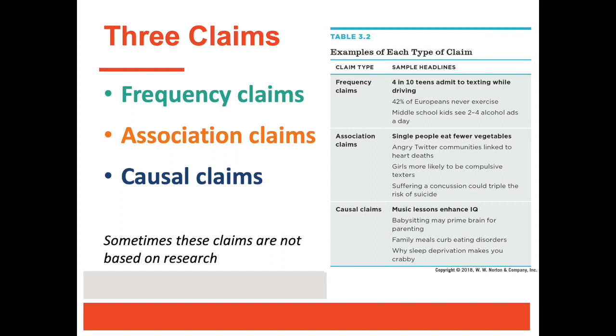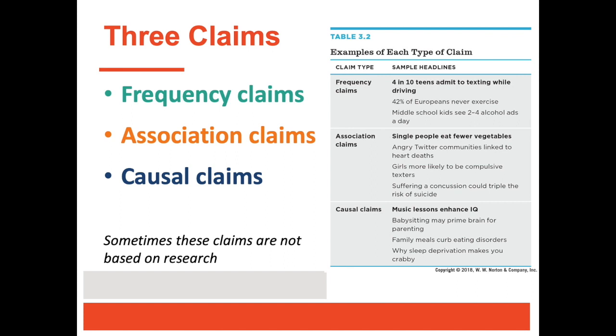So if you are part of an angry Twitter community, which isn't too hard to find on Twitter, that is somehow tied to heart disease and death. The last one is a causal claim. So the association claim doesn't mean that being on Twitter in an angry community is causing your death, or being single causes you to eat fewer vegetables. It could, but that is not what the claim is.